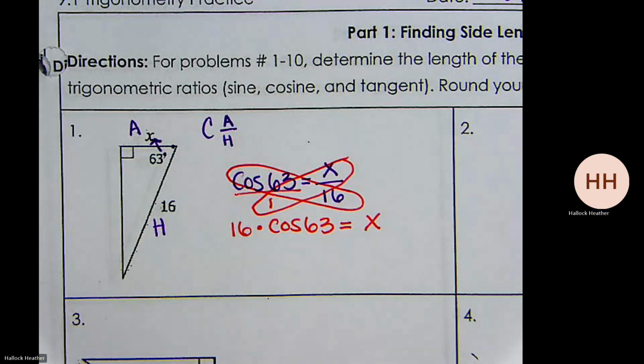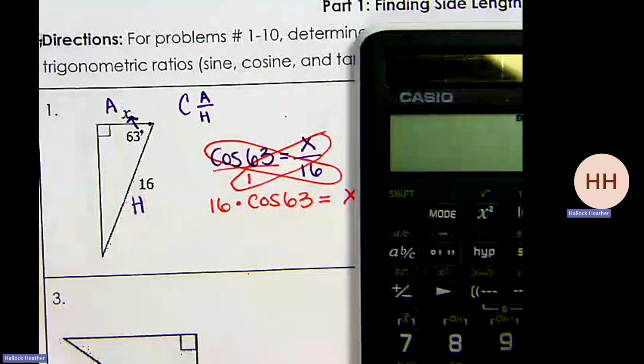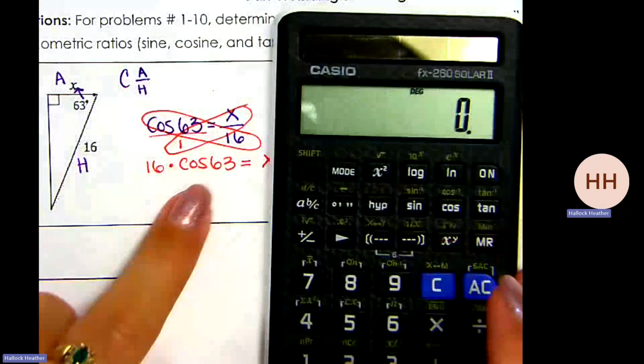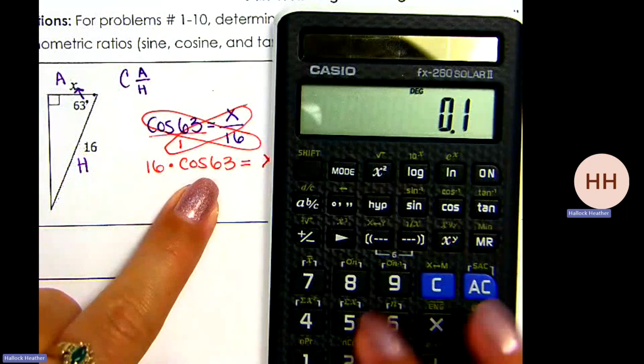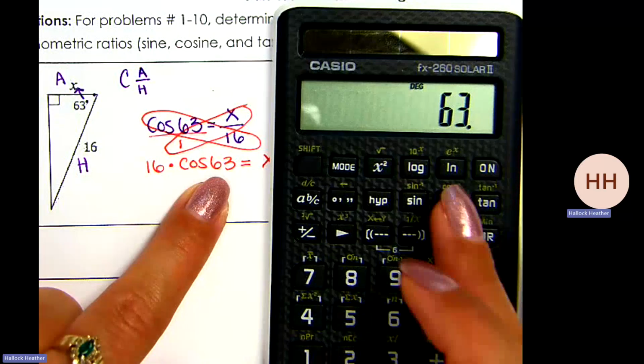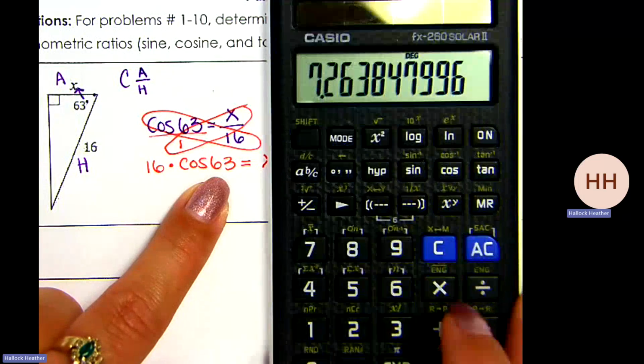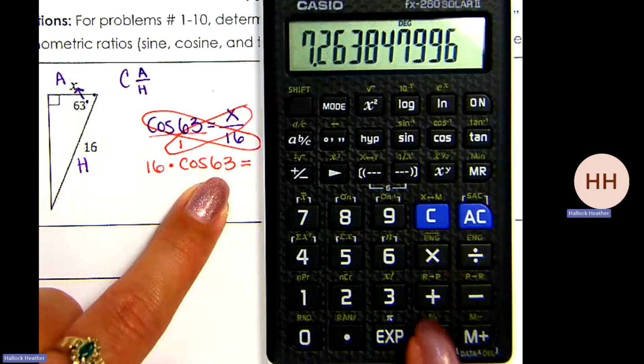Okay, so in your calculator, remember, like yesterday, you're doing 16 times 63 cosine. So 16 times 63, and then you press cosine, and then you press equals. If you're not sure if you pressed equals enough times, you could literally continuously press equals.